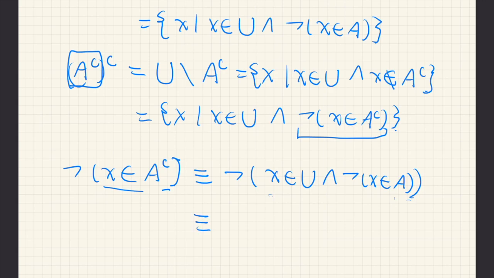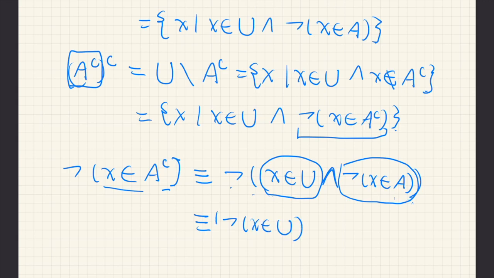So we have this proposition and this proposition combined with logical and, and everything is negated here. So by using De Morgan's law, we have not X in U or not X in A.